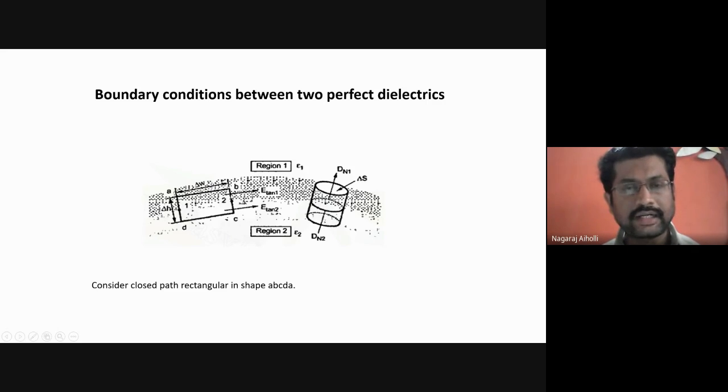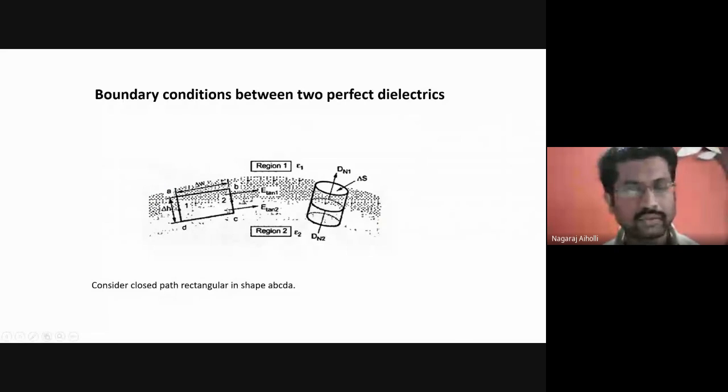The height delta H is divided into 2, that is, delta H by 2 lies in region 1 and the remaining delta H by 2 lies in region 2. Okay, the total height is delta H, half of the height lies in region 1 at the boundary, and the remaining delta H by 2 lies in the second region, region 2.